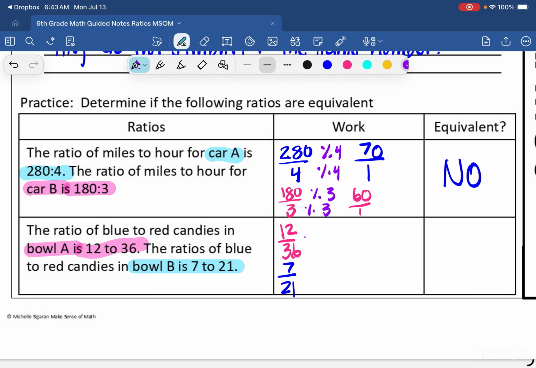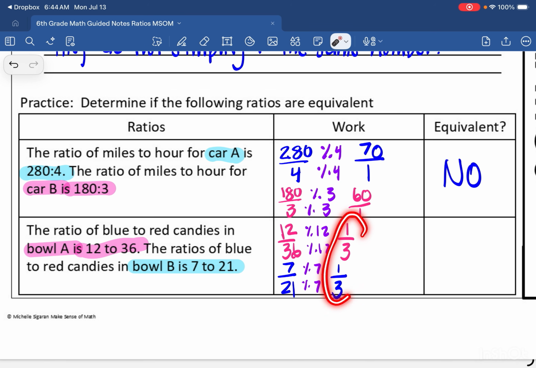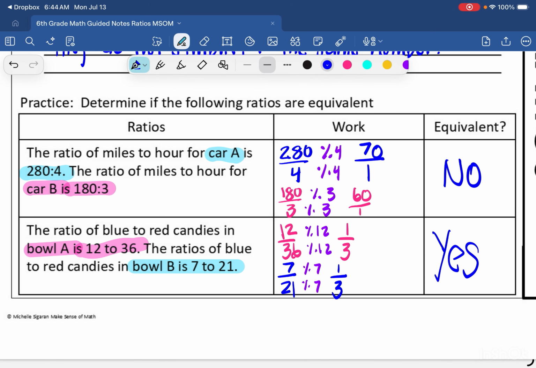Going back to 12 over 36, I can divide the numerator and the denominator by 12. 12 divided by 12 is 1. 36 divided by 12 is 3. Going to 7 over 21, I can divide the numerator and the denominator by 7. 7 divided by 7 is 1. 21 divided by 7 is 3. Since these reduce to the same fraction, they are equivalent ratios.